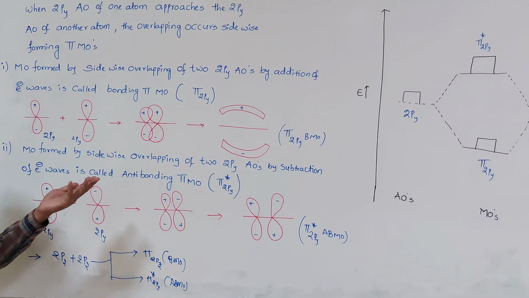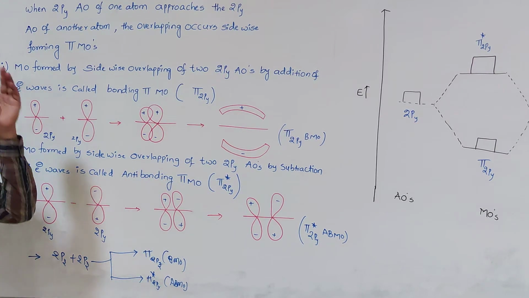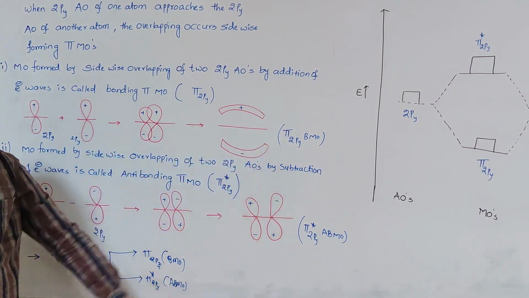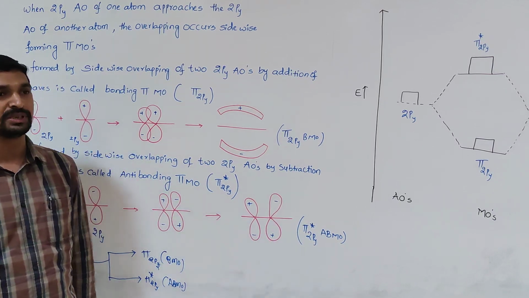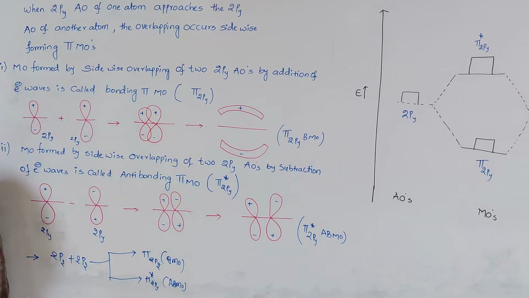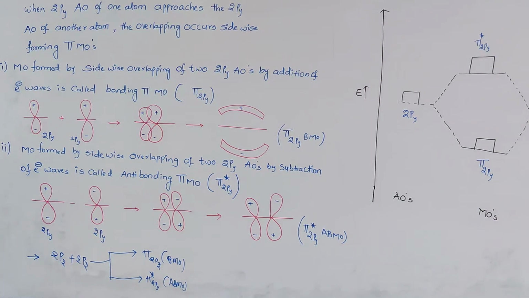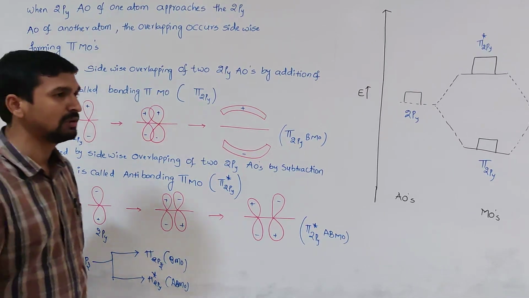Of these, two are bonding molecular orbitals and two are anti-bonding molecular orbitals. They are pi 2py and pi 2pz as bonding molecular orbitals, and pi star 2py and pi star 2pz as anti-bonding molecular orbitals. So this is the combination of the 2py atomic orbitals. Similarly, the 2pz atomic orbitals also combine.